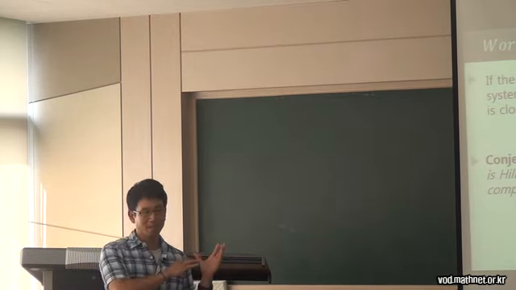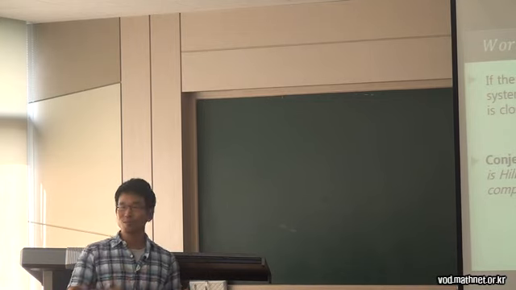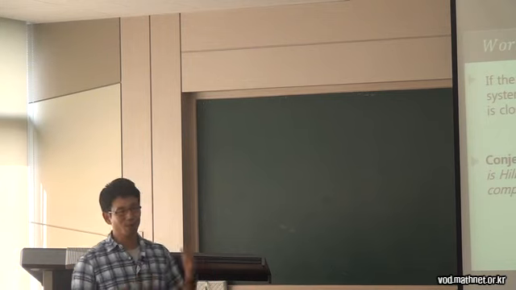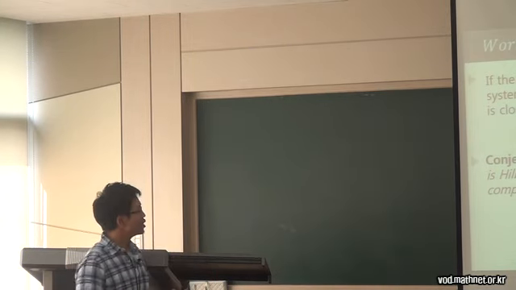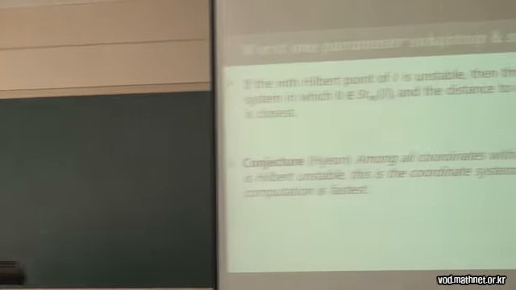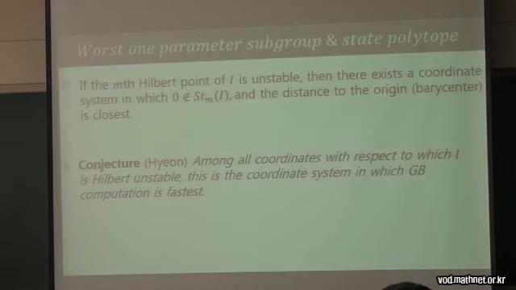You take away that set, and there is a boundary, and again, there is a Zariski dense open set where the state polytope remains the same. Okay. So if you think about that picture and combine it with Kempf's worst one-parameter subgroup, then you can come up with this statement conjecturally.